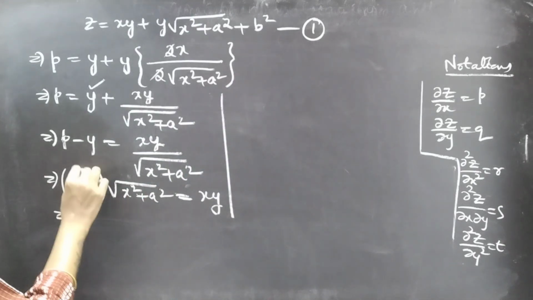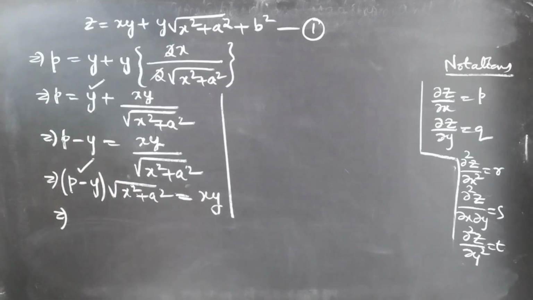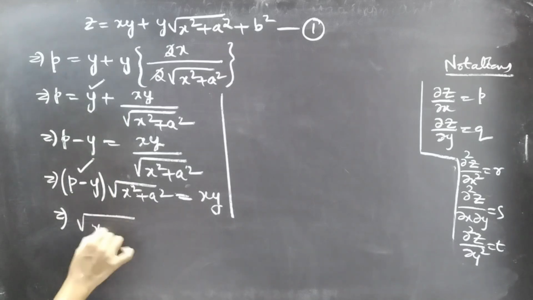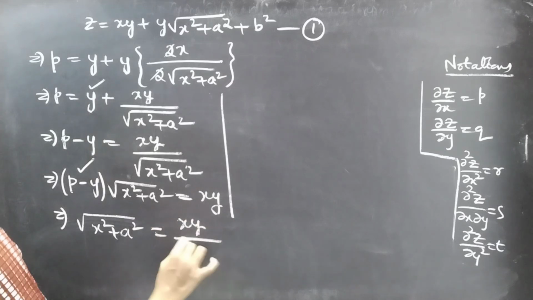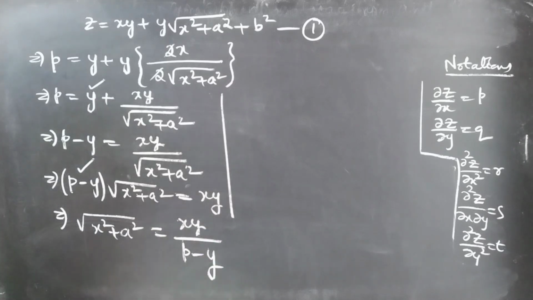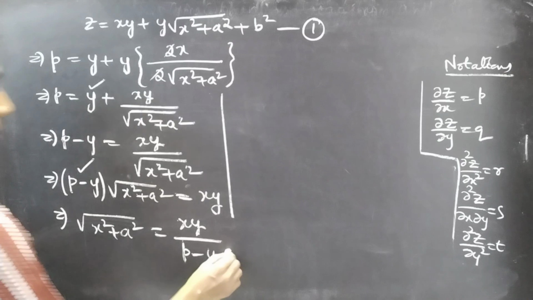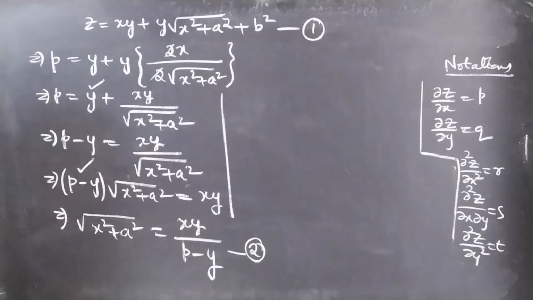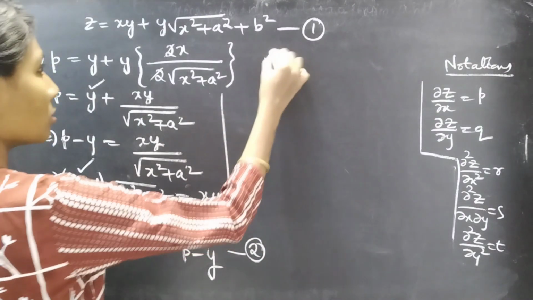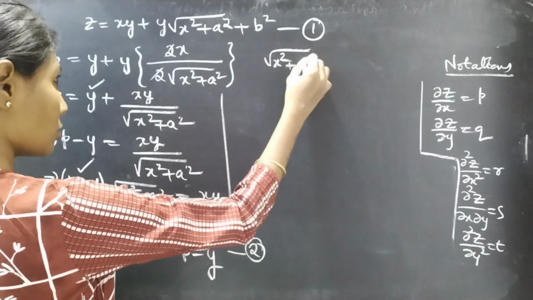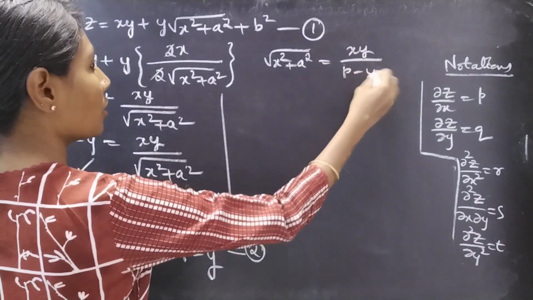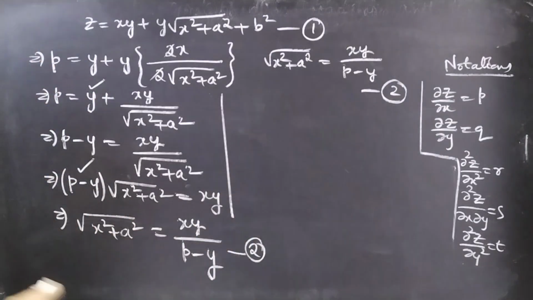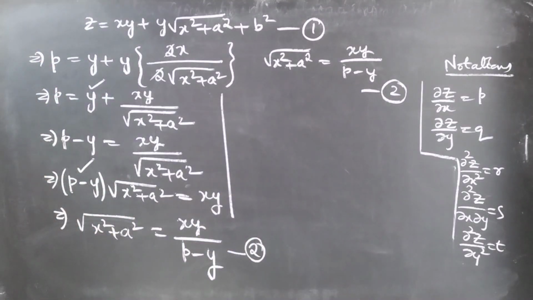Now we can take this to RHS, you will get square root of x square plus a square equal to xy by p minus y. Consider it as equation 2. So we got equation 2, square root of x square plus a square equal to xy by p minus y. Now partially differentiating 1 with respect to y.